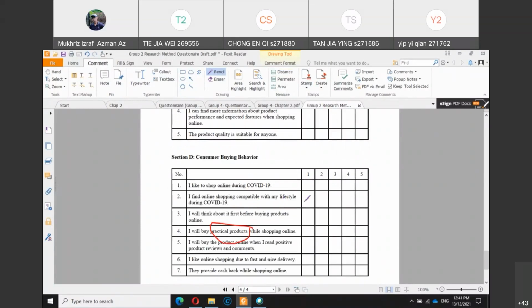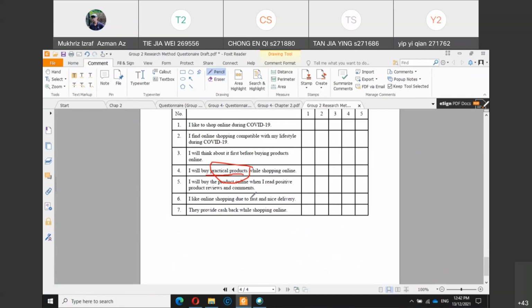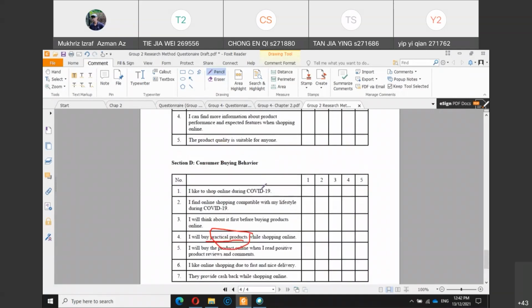A few questions created by ourselves. I don't know what we mean by practical products. Whatever question you want to add or modify, maybe you understand what you want to ask, but if you give the question to other people, they won't know what practical products means. There are some questions which I think are not relevant, or you need to modify the wordings.